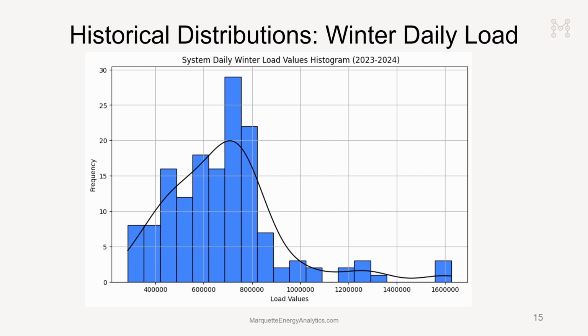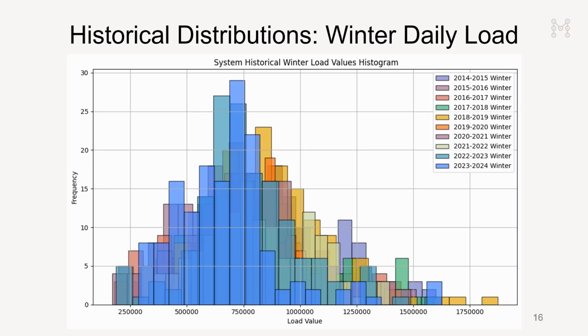As we can see, this distribution clearly lacks the predictable spread and symmetry that are characteristic of a normal distribution. If we tried to fit a normal distribution to these actual loads, the resulting curve would be highly inaccurate. And to illustrate this point even further, we can see that when we include even more years of historical load data, records of daily winter loads consistently deviate from a normal distribution shape.